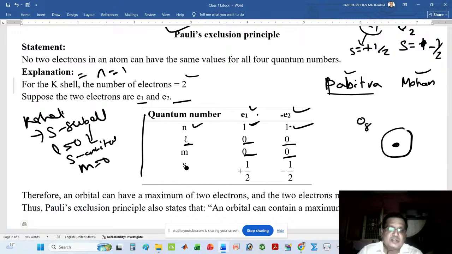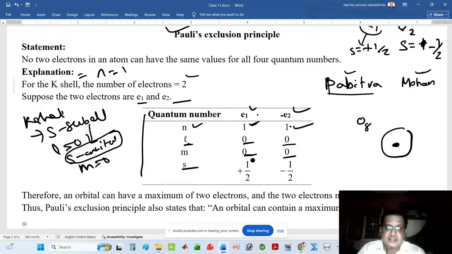But if you think about the spin quantum number, since these two electrons are present in the s orbital, we know that in an orbital a maximum of two electrons are present, and the two electrons have opposite spin. So here I cannot say that for both E1 and E2 the s value is the same. Look at that.